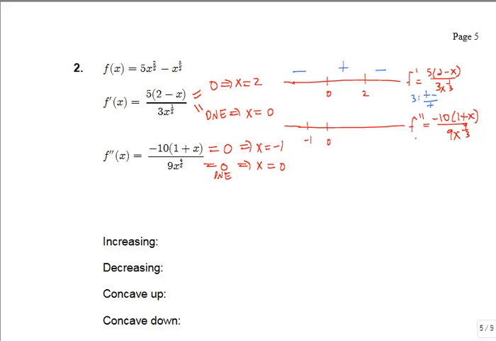Let's do the same thing for the second derivative. So we need to test something less than negative 1, say negative 2. Negative 10 is negative. 1 plus negative 2 will be negative. And negative 2, a cube root of that would stay negative, but this power on top is a positive 4.